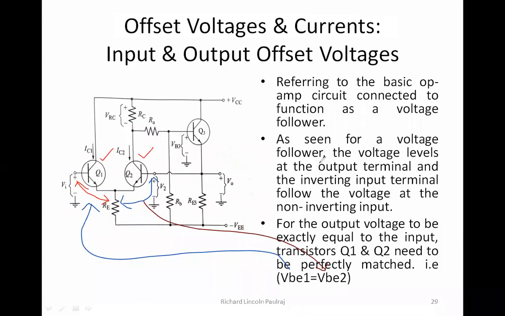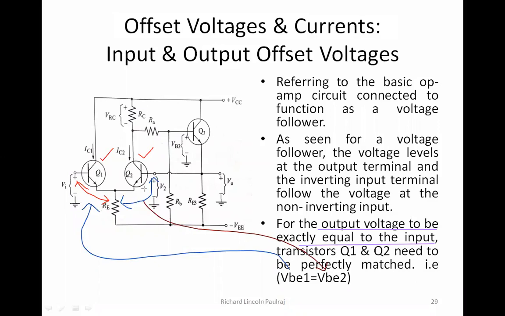And what is the impact? The output voltage will be exactly equal to the input. So these are the characteristics of an op-amp. We can see here that we have two voltages, VB1 and VB2.